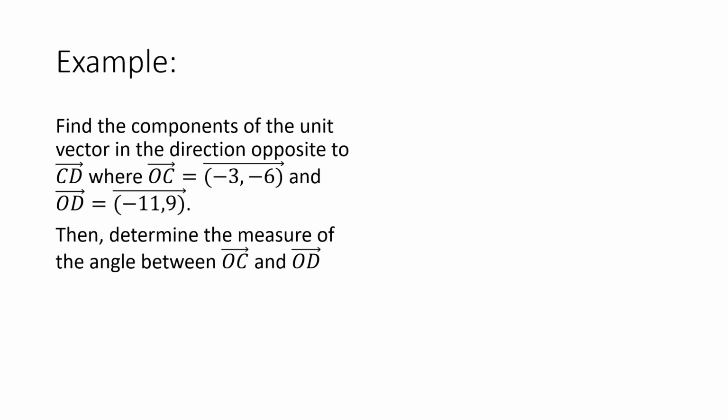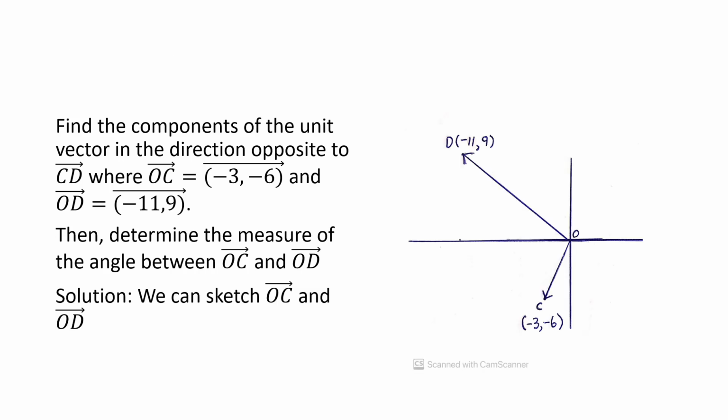Now, in this question, we want to find the components of a unit vector in a direction opposite to CD, where OC is the vector negative 3, negative 6, and OD is the vector negative 11, 9. So we draw our diagram here. Okay, OC and OD are as shown. Pretty easy when it's in 2 dimensions.